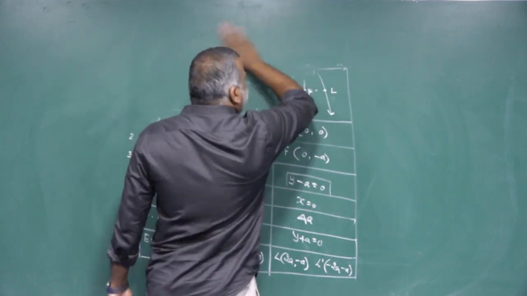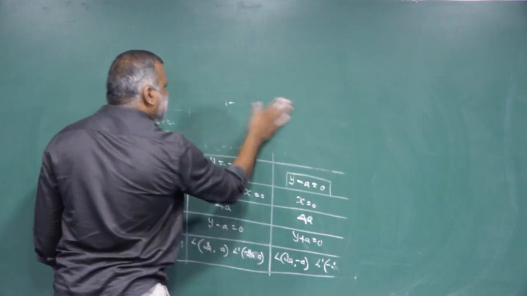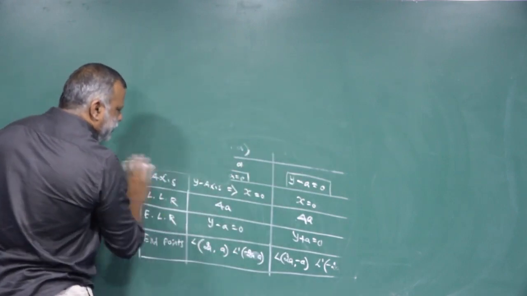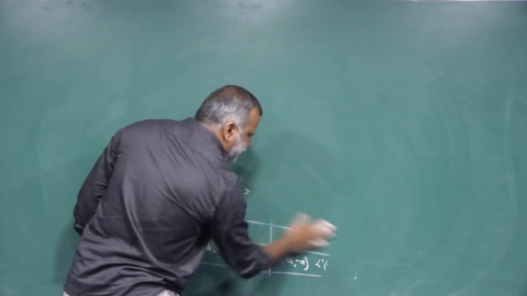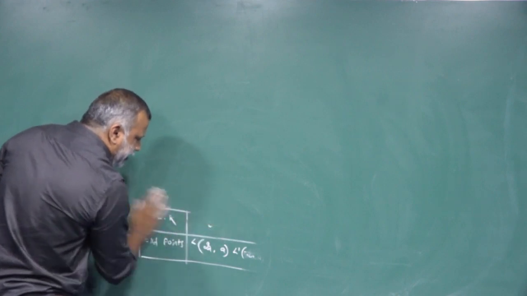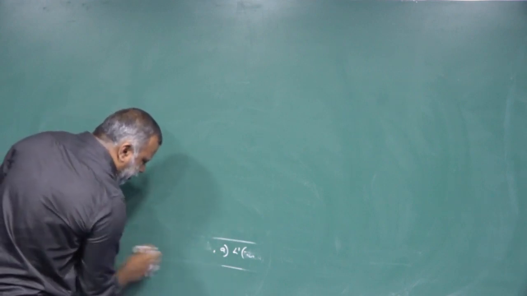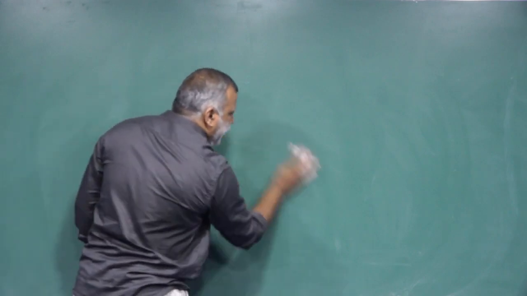After that, regarding all these results, we are going to work out some problems. Now, as I just explained, for all the 4 types, vertex is (0, 0). Vertex is a point. For all the 4 types, it is (0, 0) only.